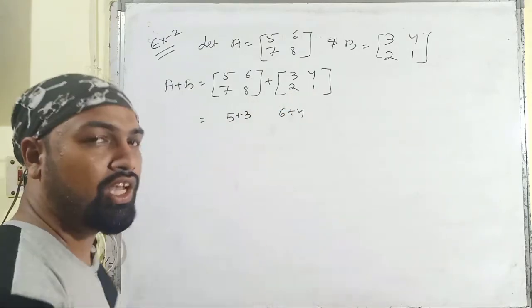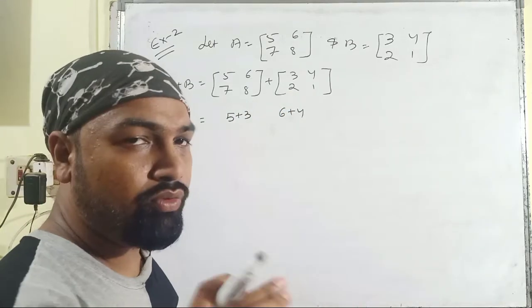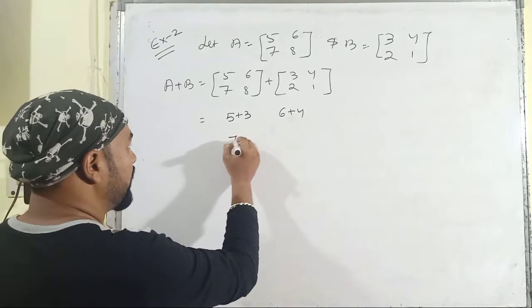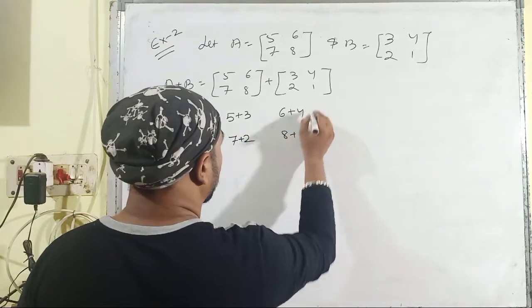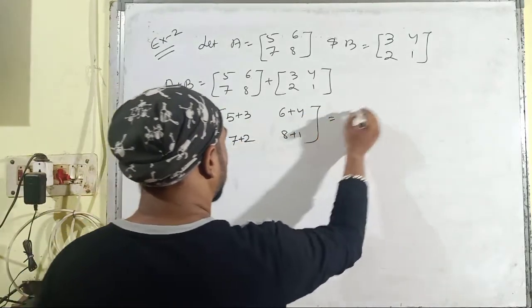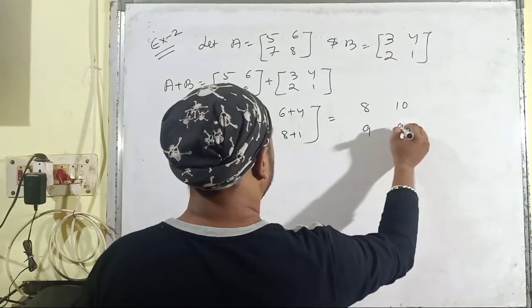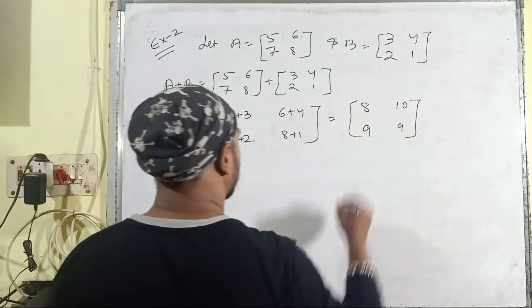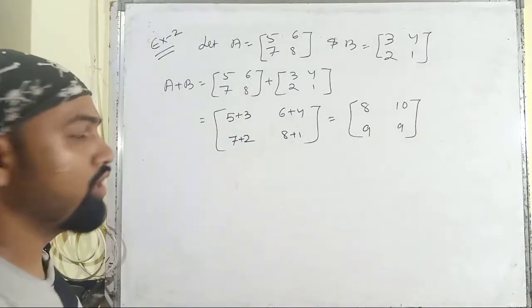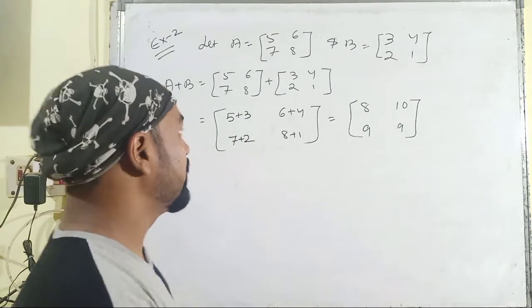So the corresponding elements will be added with each other. It is 7 plus 2 and then 8 plus 1. The final result is 8, 10, 9 and 9. And this is the required sum of A and B.